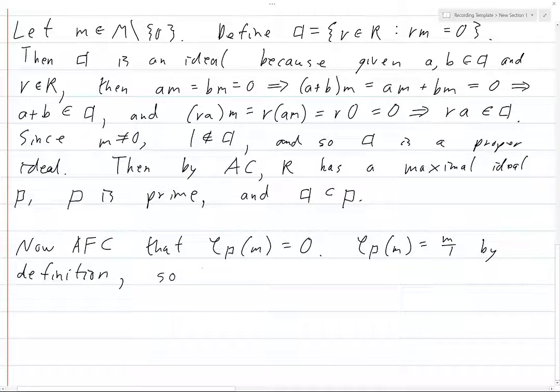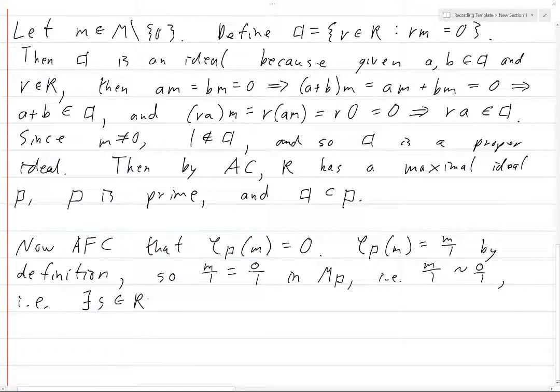So m over 1 is equal to 0 over 1 in M_P, i.e. m/1 is equivalent to 0/1, i.e. there exists some element s in R minus P, which of course is equal to capital S, such that s(1·m − 1·0) is equal to 0.